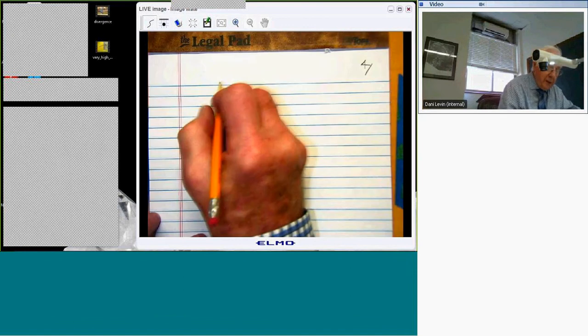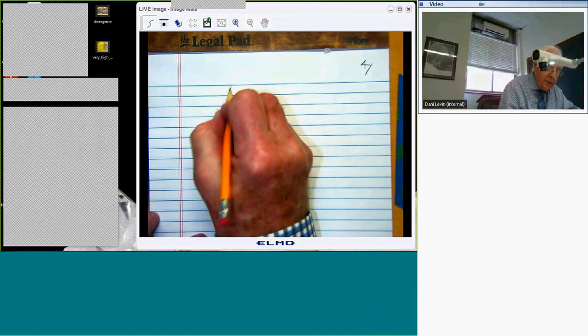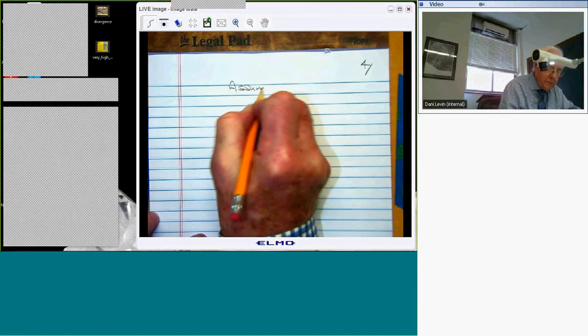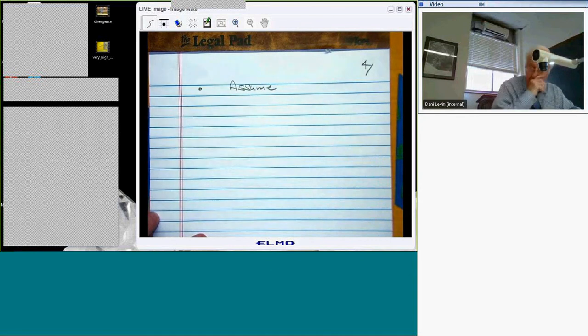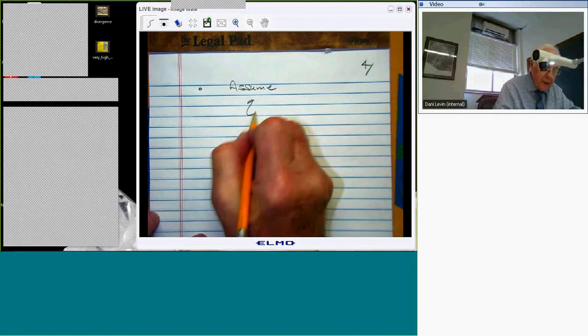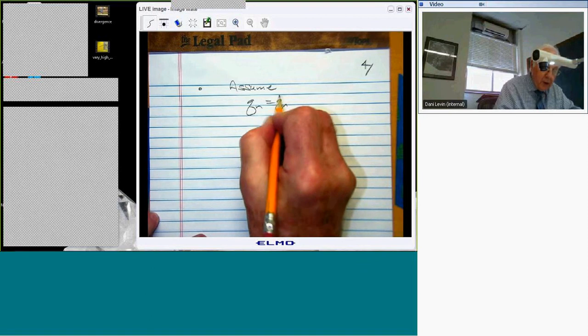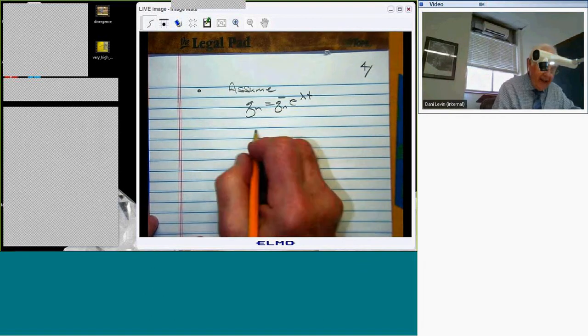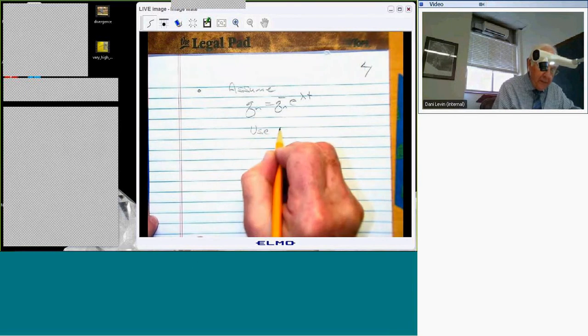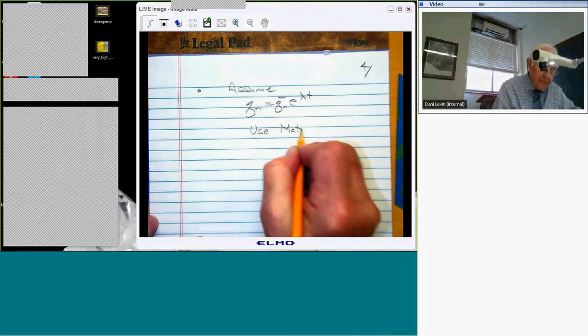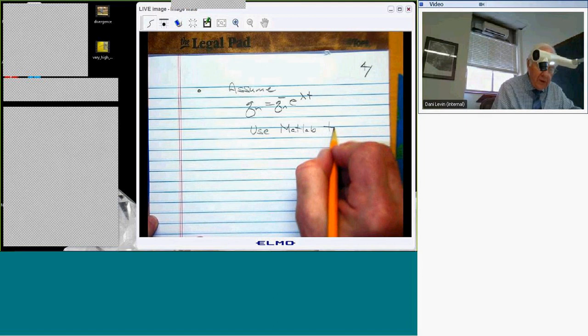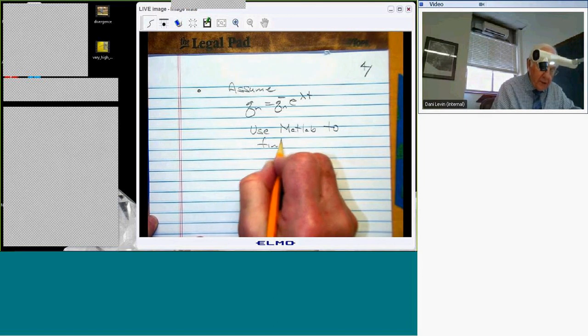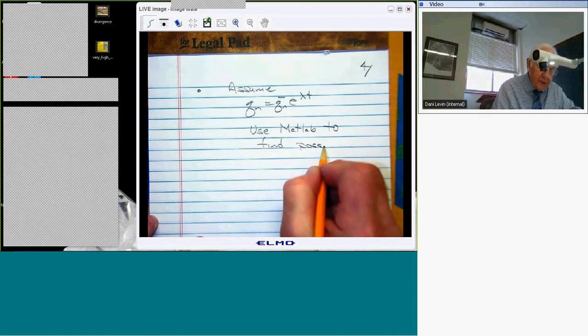So let's see. Alternate ways to do flutter analysis. Assume Q sub n equals Q n bar e to the lambda t, and use MATLAB to find possible lambda.